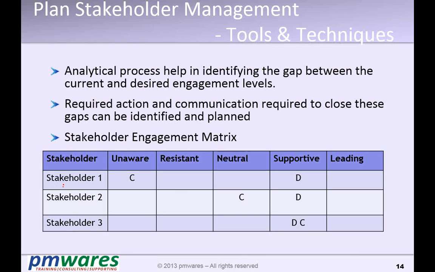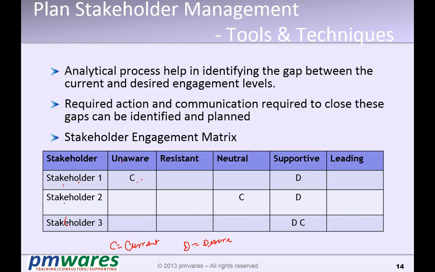We list down all the stakeholders, we put all these 5 categories, and then we say stakeholder 1 is unaware today. C stands for current, and D stands for desired. Currently he is unaware, and our desired situation is that he should be supportive.